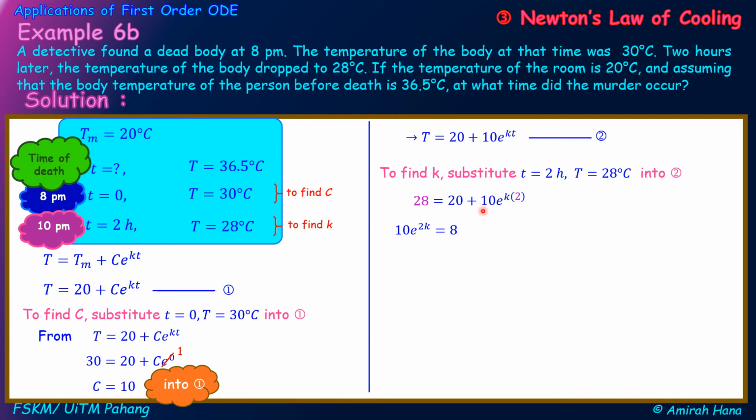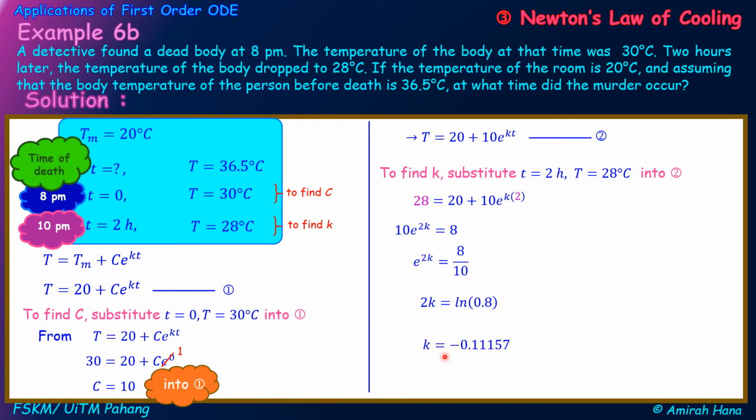So we get 10 e to the power of 2k equals 28 minus 20 equals 8, and then e to the power of 2k equals 8 over 10. Then we move e to the right-hand side because now we want to find k, so 2k equals ln of 8 over 10, which equals 0.8.